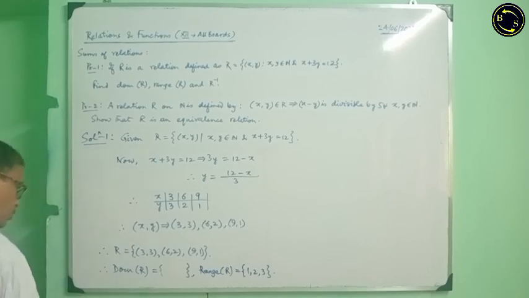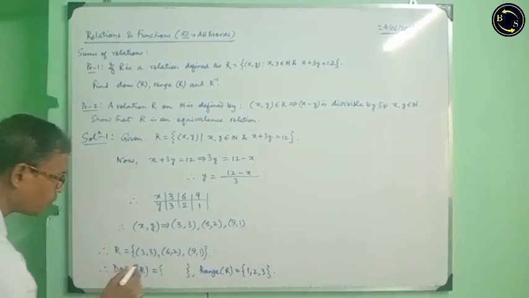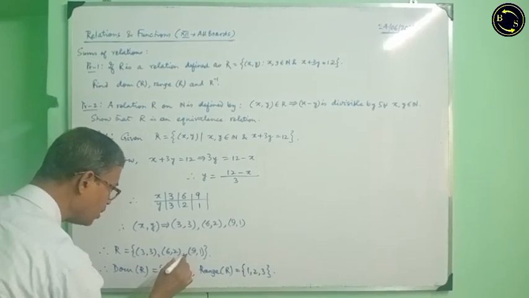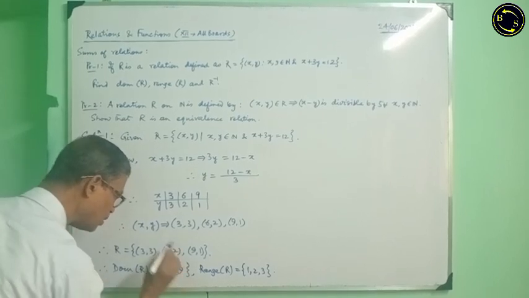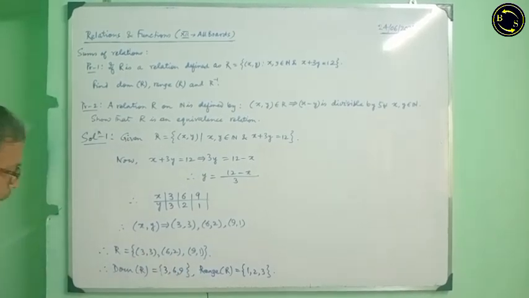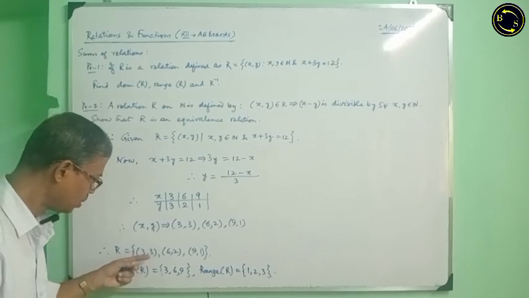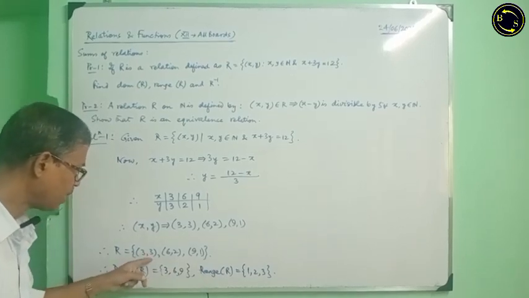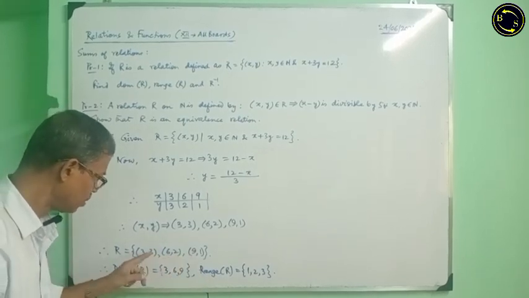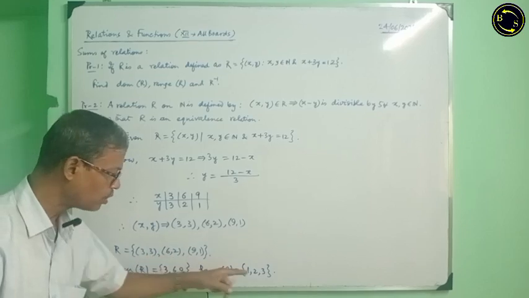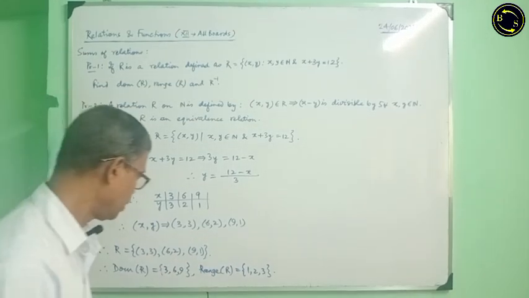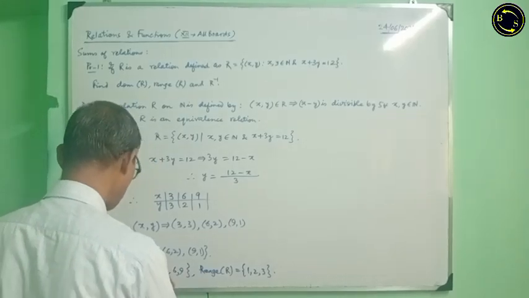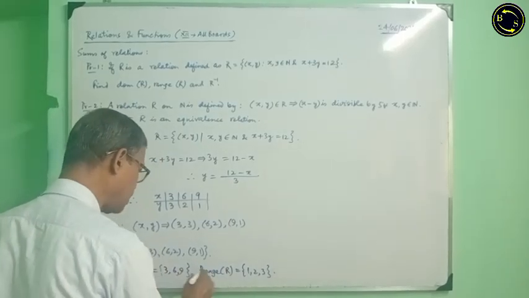First of all, set of first components 3, 6, 9, and range set of second entries 3, 2, 1. I have written in order 1, 2, 3, ascending order. Therefore, we have found domain and range.